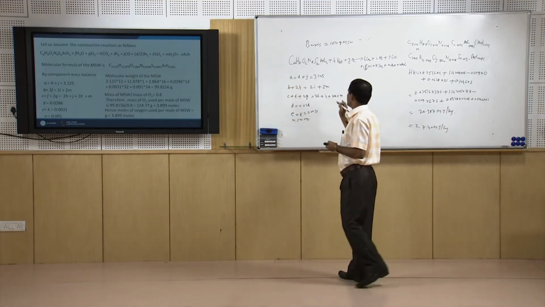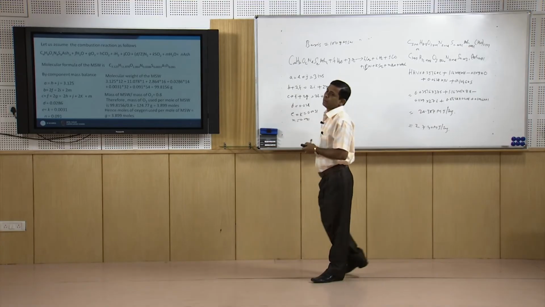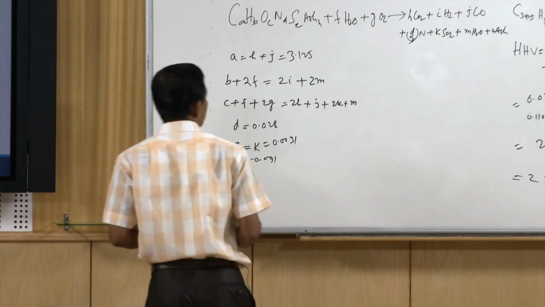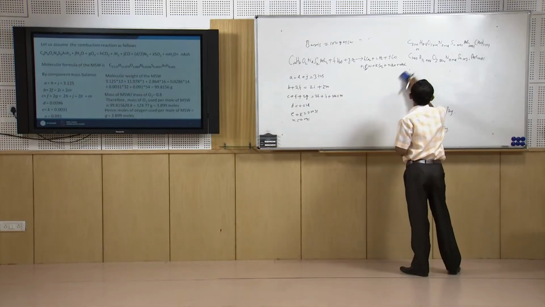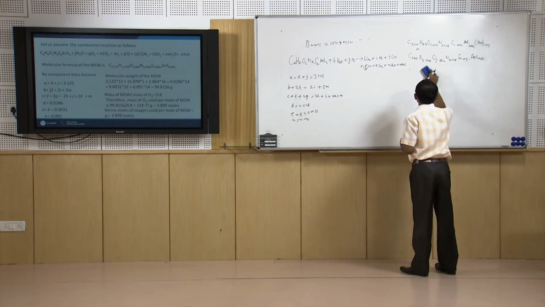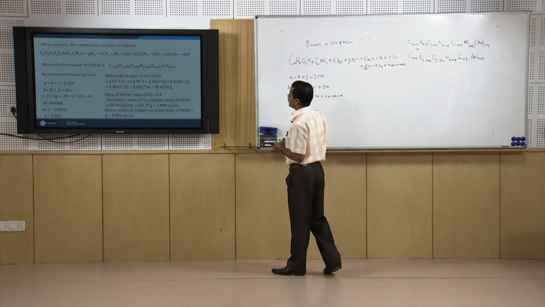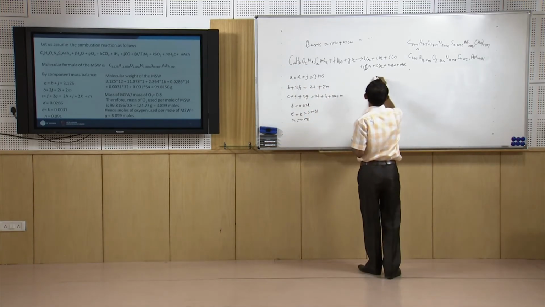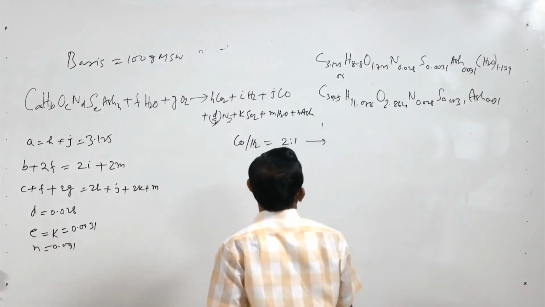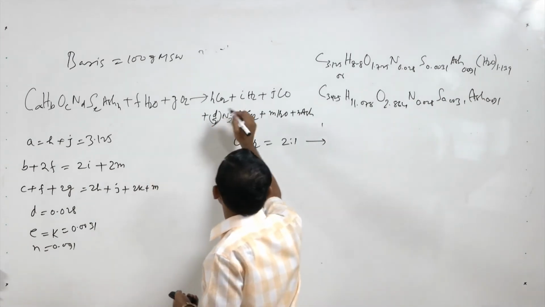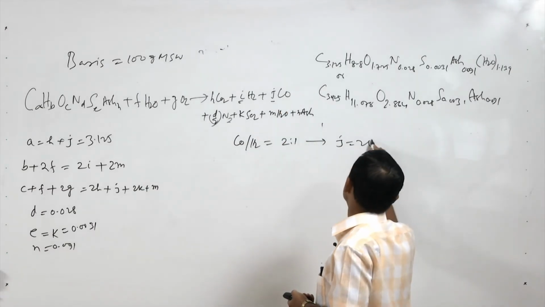Now we have got these values and some relationships. Another condition is given: the CO and H2 ratio in the syngas is CO to H2 equal to 2 to 1. That gives us the relationship between I and J: J is equal to 2I.